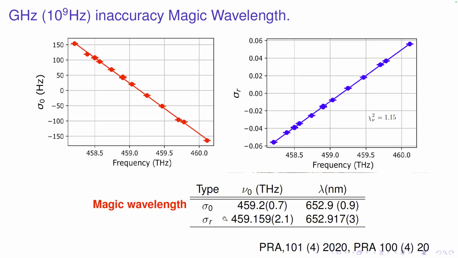But if I take the ratio, I can increase my accuracy by 1,000 times, 10 to the power 3, where the wavelength accuracy goes to 10 to the power minus 6 meter, the micron level. Similarly, I can increase the frequency accuracy 1,000 times in the terahertz also.